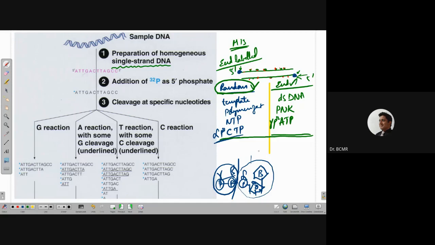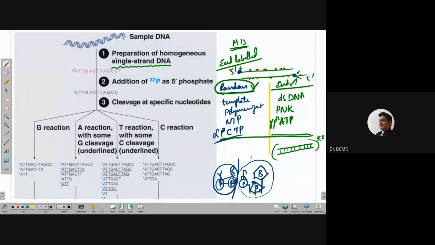End labeling is when you have a large quantity of the molecule that you're working with. For example, the gene of interest: I already amplified it using PCR, and I have a large quantity of it. I don't need to radio label it heavily, as it will give too much signal, and also, why should one be exposed to radioactivity as much?